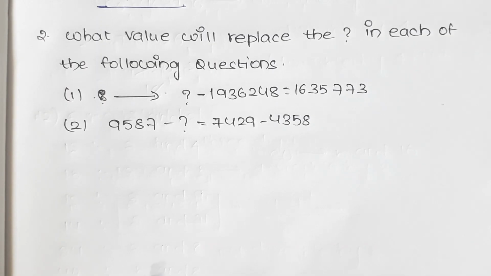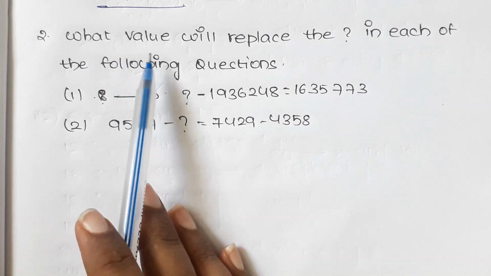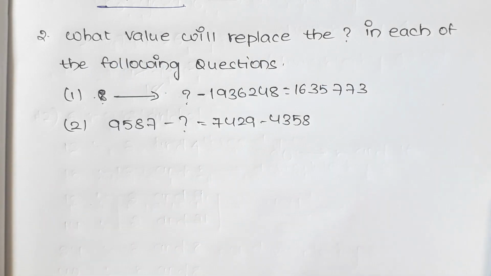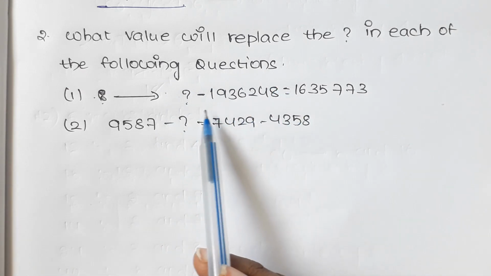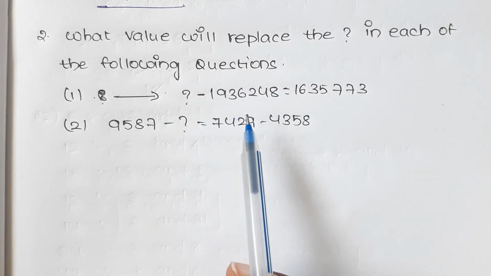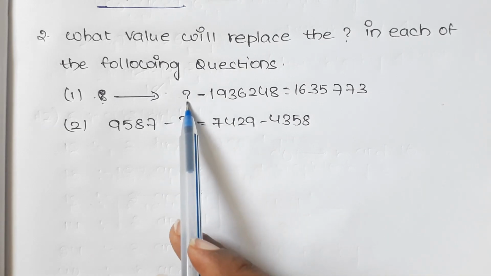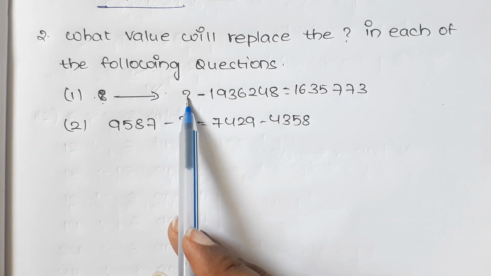And here is another question: what value will replace the question mark in each of the following questions. Here we have some additions and subtractions. For this they have given a question mark and we should find what will be there in that question mark.